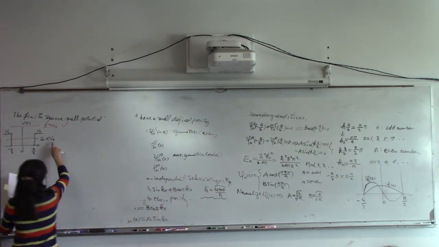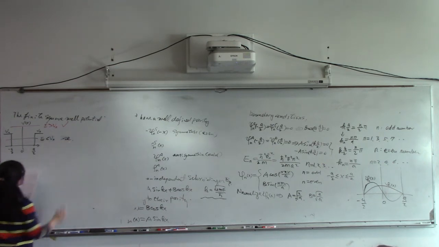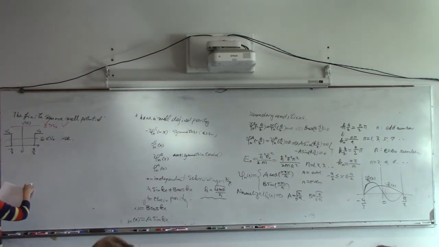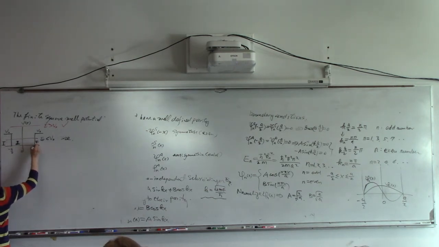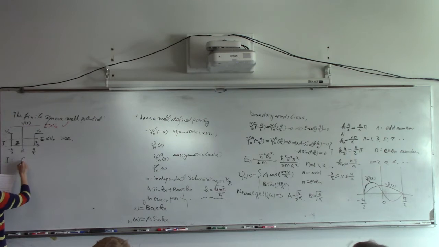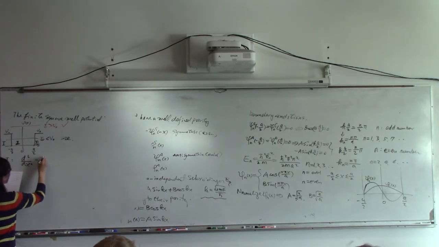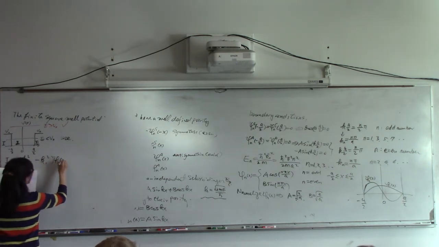All right, let's consider this case. For this case, we again separate region 1, region 2, and region 3, right? In region 1, the Schrödinger equation, or the Hamiltonian eigenvalue problem, is as follows. Let me first give you the result, and I will explain why.